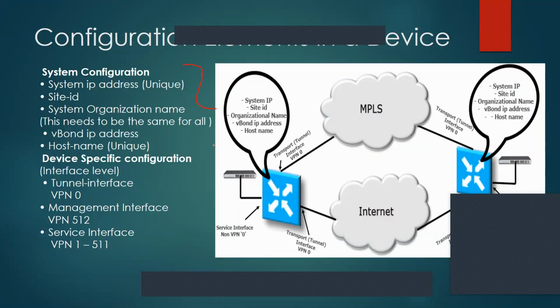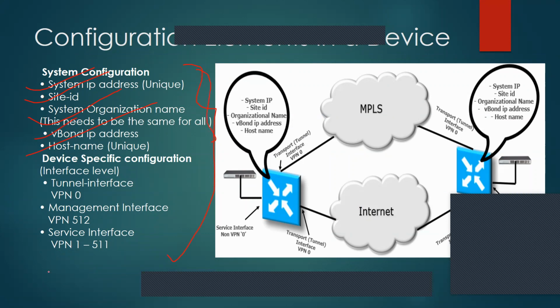While doing this bootstrap configuration, I told you earlier that we have at least 5 very important things inside the system-wide configuration. What are those things? System IP, site ID, organization name, host name, and the vBond IP. So here you have the vBond IP 1, 2, 3, 4, 5.